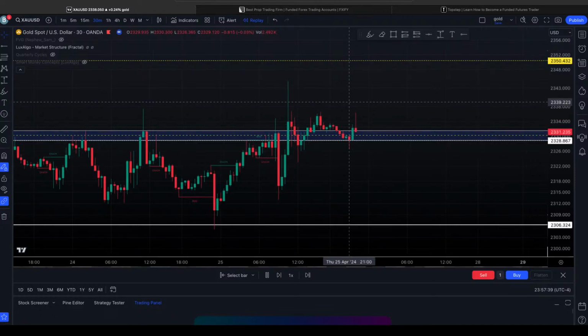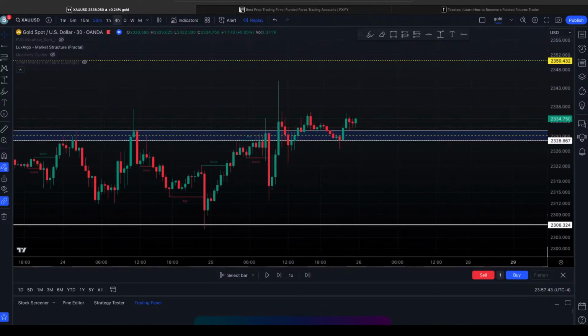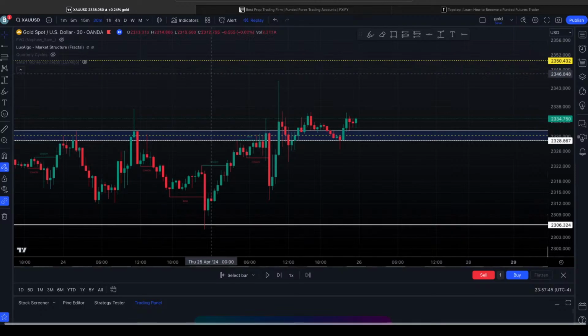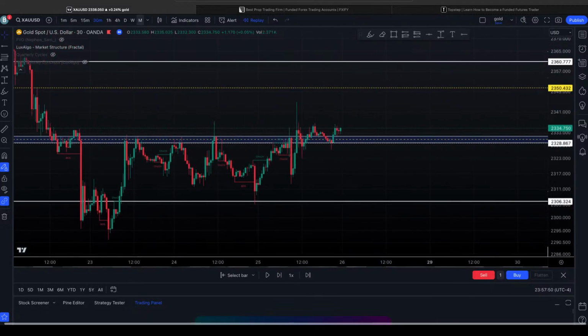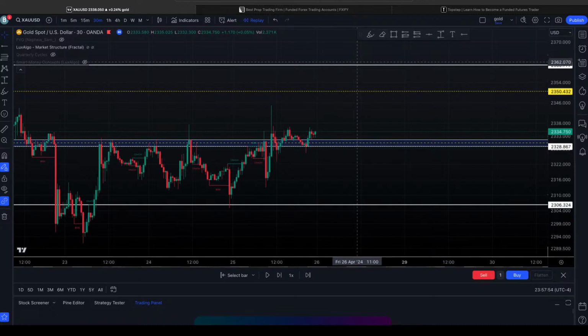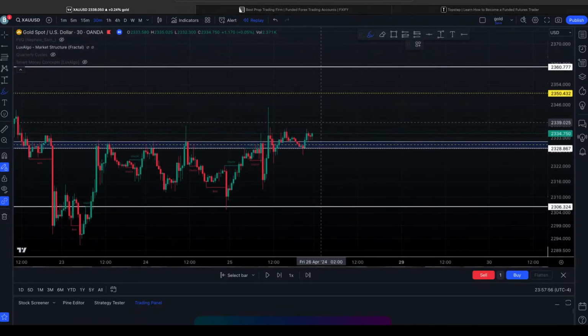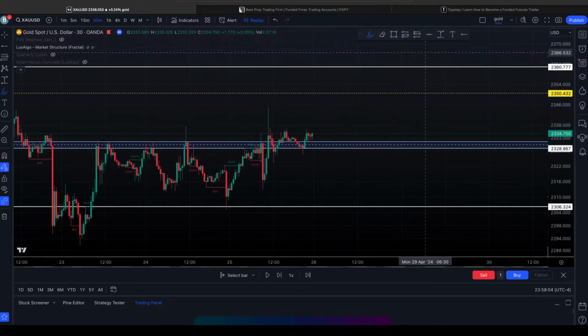What's your prediction for next week? I do see us coming back up to these highs again because of the way we played it out. We came up here and then came back down here. I was thinking the next level we needed to come back to was possibly back up to these areas.